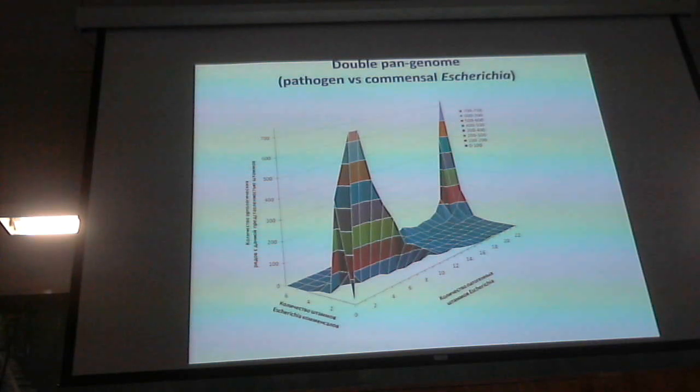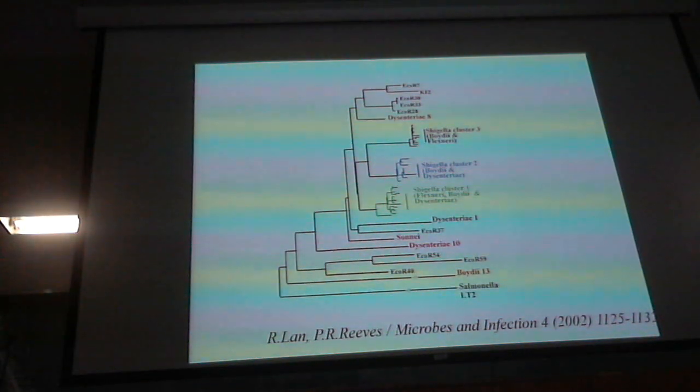Well, we can also check pathogenic Escherichia and non-pathogenic Escherichia, and again we observe no specific genes. Well, that's actually an old paper demonstrating that Shigella is not a good clade. So Escherichias are in black, Shigellas are colored.